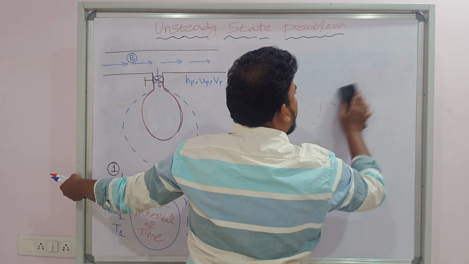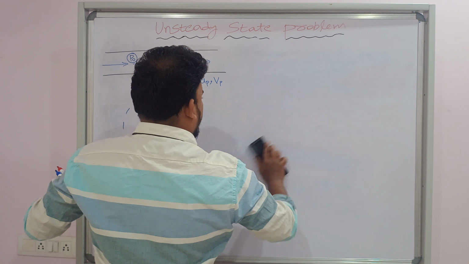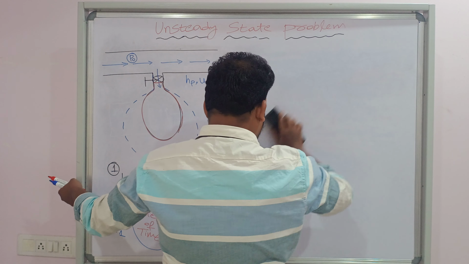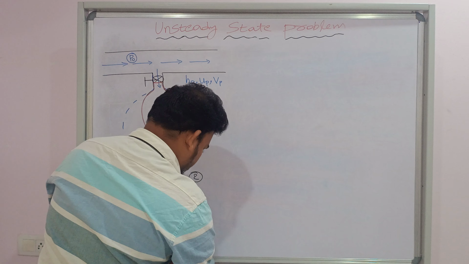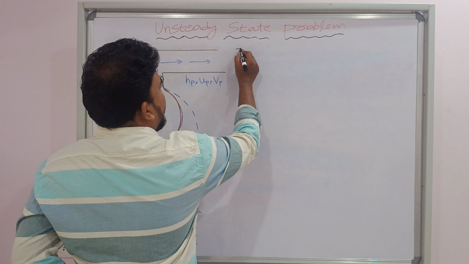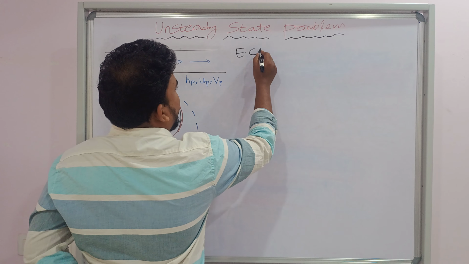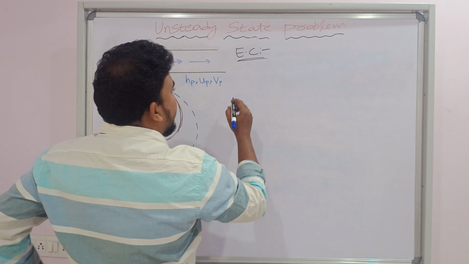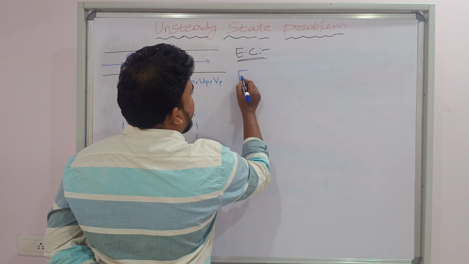This is a very easy concept, my dear. If you solve one question or 2-3 questions, definitely you will hit every problem. Now energy conservation I am writing easy. Okay. Energy conservation. So energy conservation also similarly in rate form is like this.